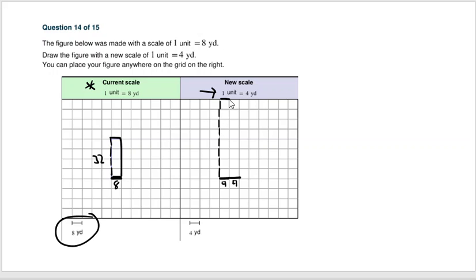Oh, God, I barely made it. Thinking I was going to have to redraw that one. Okay, so this would be 4. Each of these is 4, right? And if we need this side to be 32, that means we need to have 8 of those. So this would give us an 8 by 32 using the new scale.